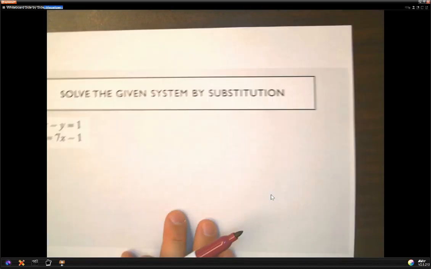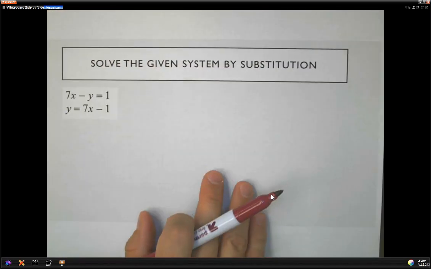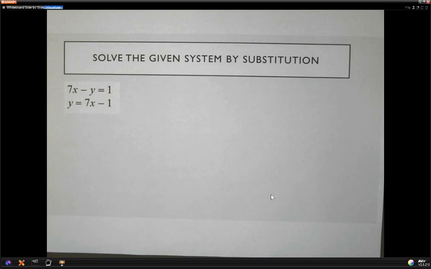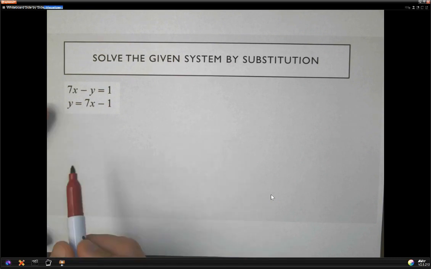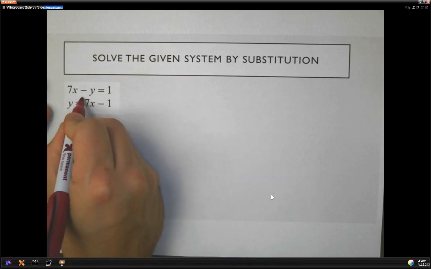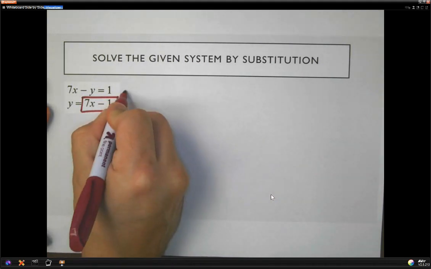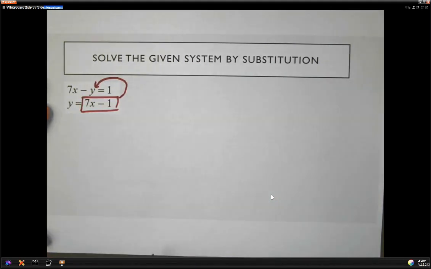All right, we're going to do one last example. So again, I'm given my system. I note that one of them is solved for something, so that makes it a little bit nicer. So I'm going to take what it's solved for, and plug it into the other equation.